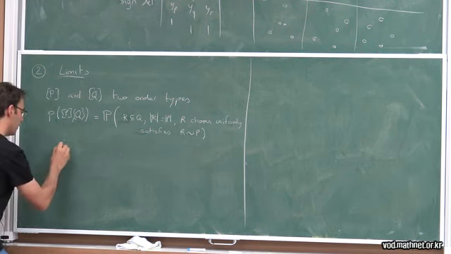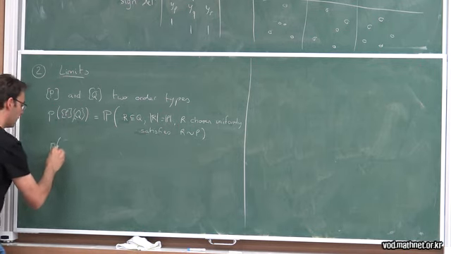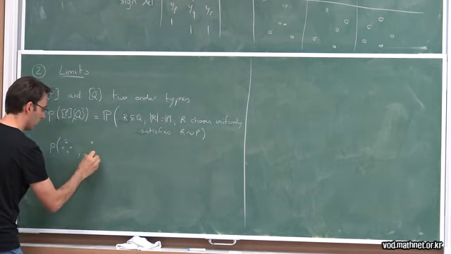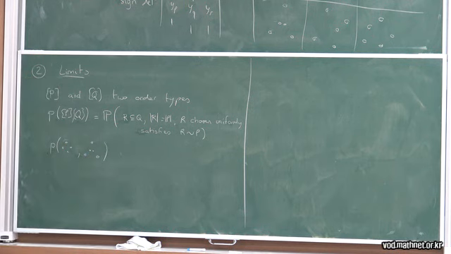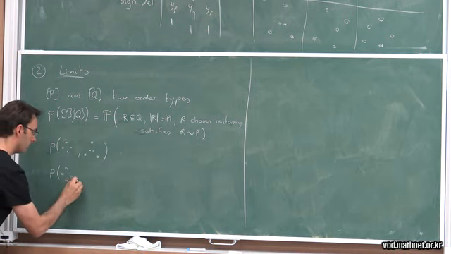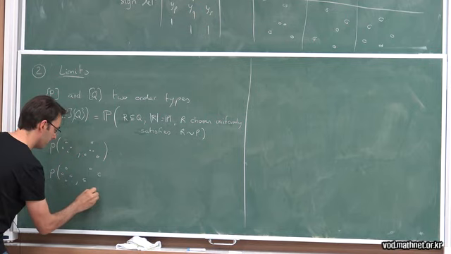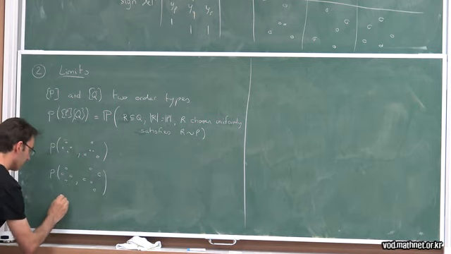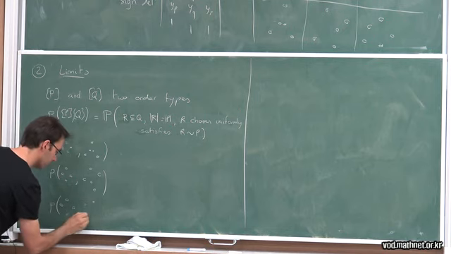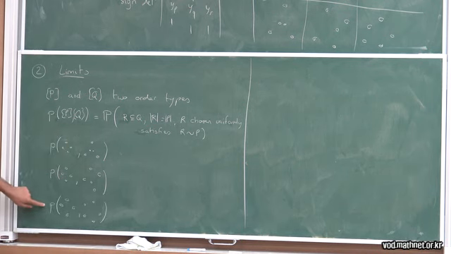So if you take, for example, the probability of this in this, what you get is... This one is easier. It's one.